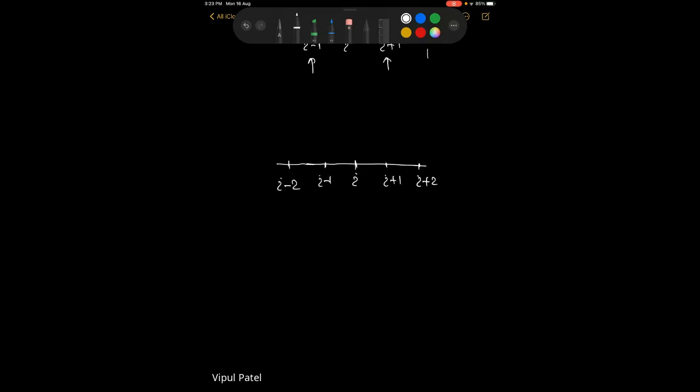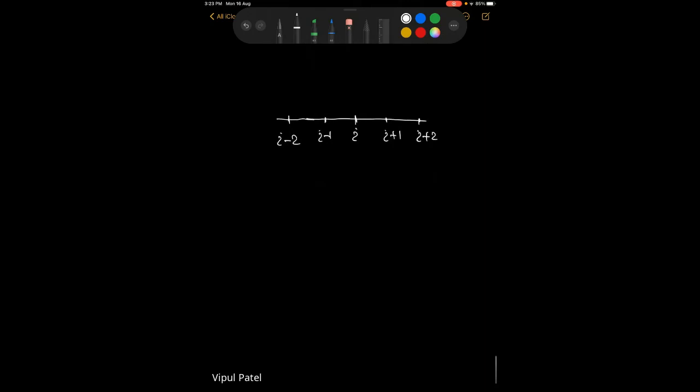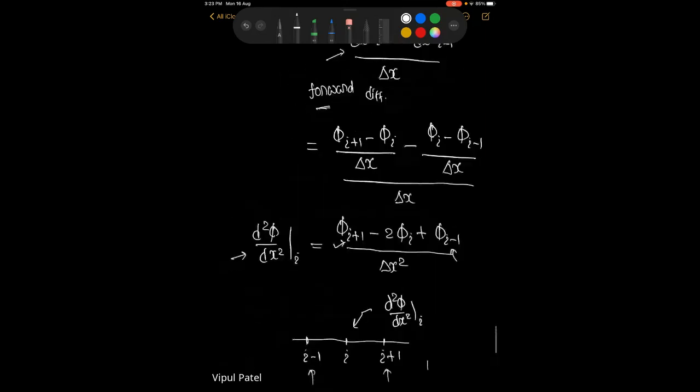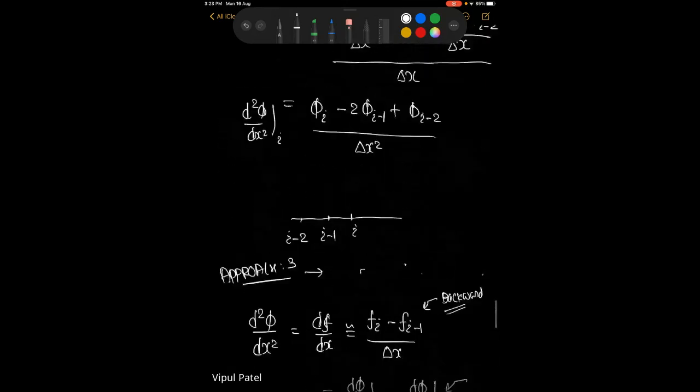If I recollect what we have derived so far, d square phi by dx square at any node i with forward difference approximation, I got this expression, that is phi i. Let me check what the equation was.